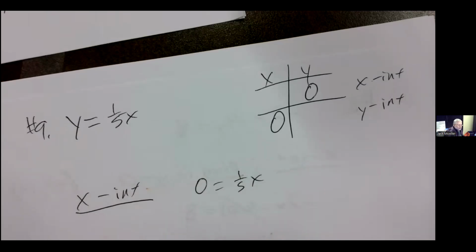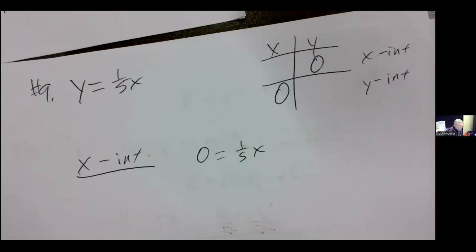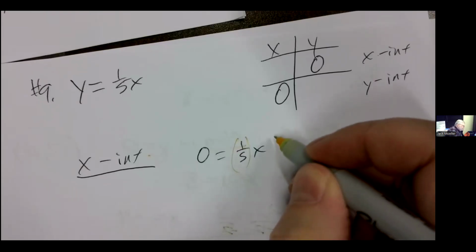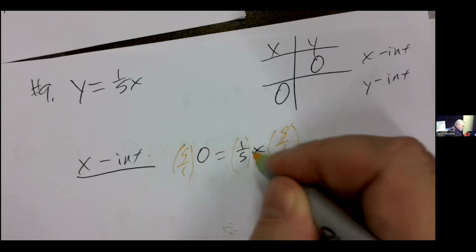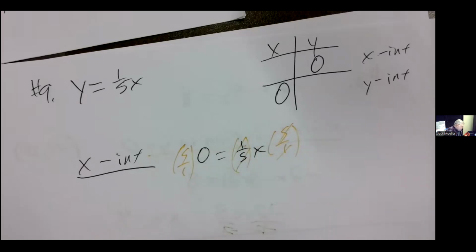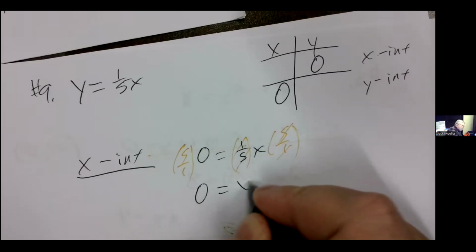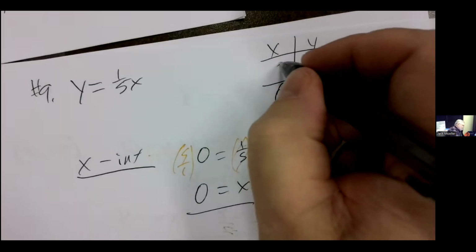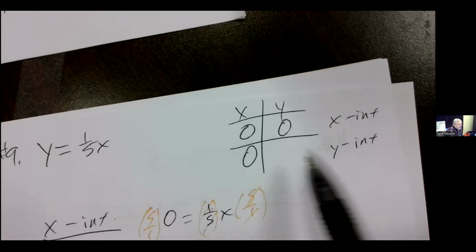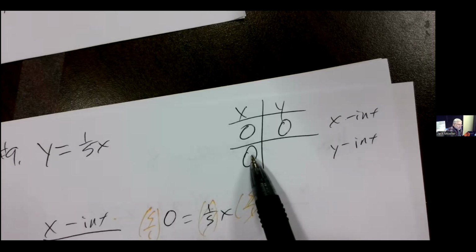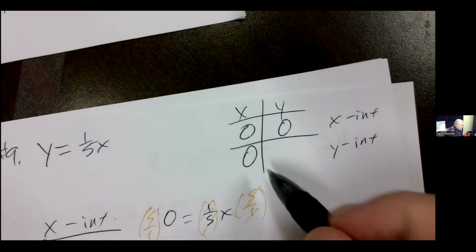So how do we solve 0 equals 1/5 x for x? This is why we talked about fractions. This is where you can invert and multiply. It's a 1x, and 0 times 5 is 0. So we get x equals 0. Do we need to do calculations for the y-intercept? No, because if I plug in x equals 0, I already know y equals 0.